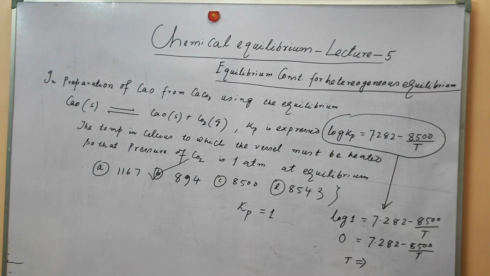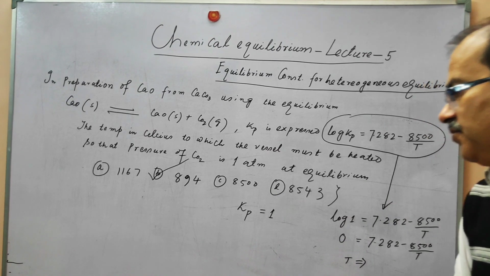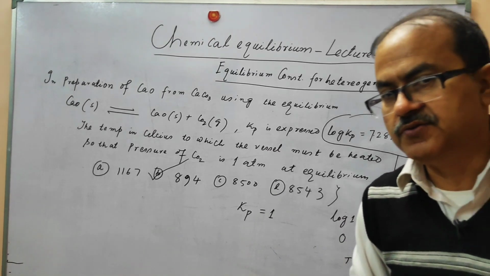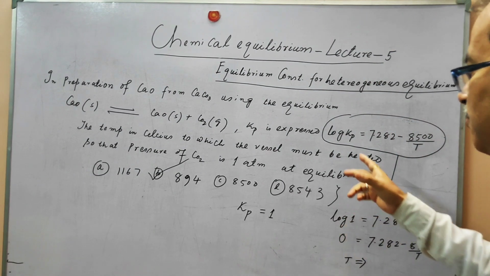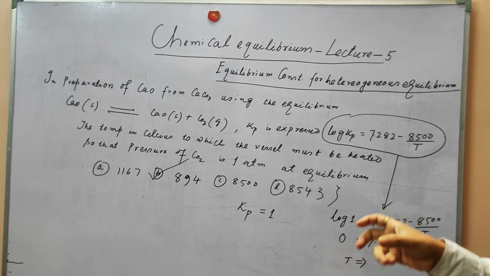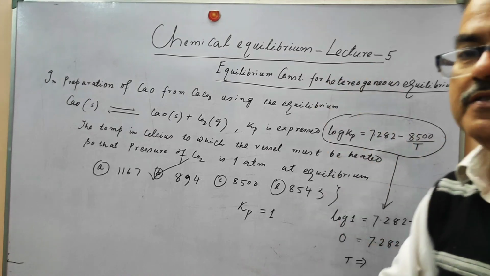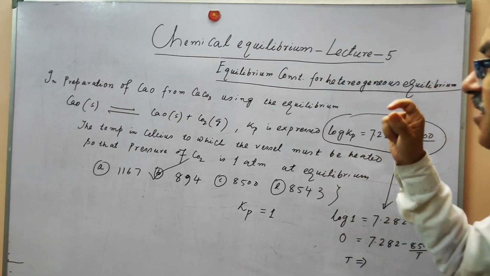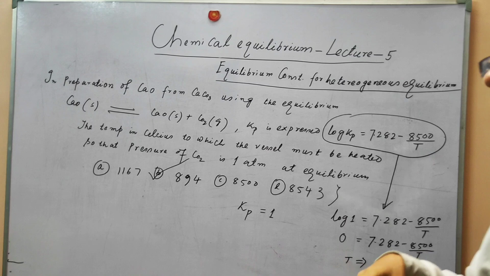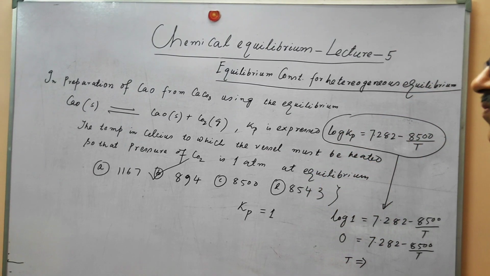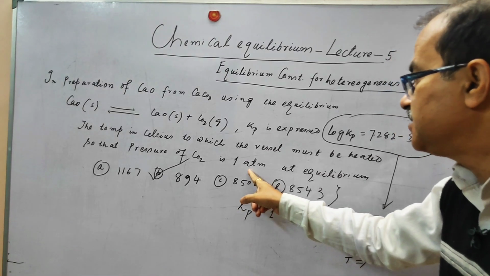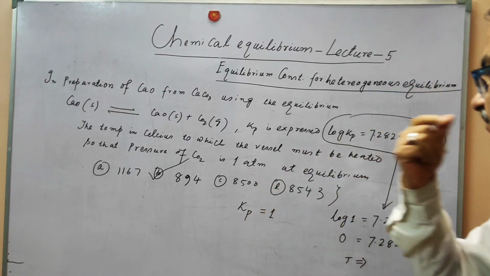So this type of question will come, and if you know the concept, then you will easily be able to find the solution. So what is here now? You have to know the partial pressure in the heterogeneous reaction. The partial pressure is basically the Kp of this reaction, the equilibrium constant of this reaction, that is here 1 atmosphere pressure, so it will be 1.